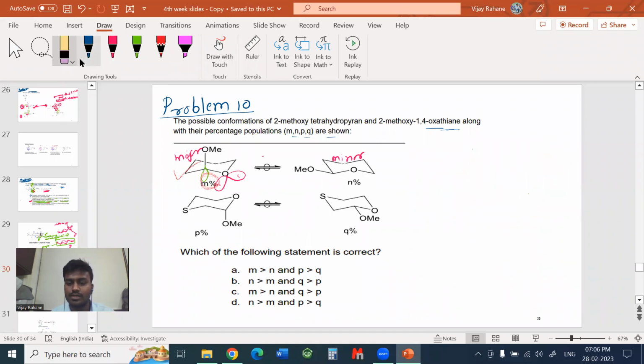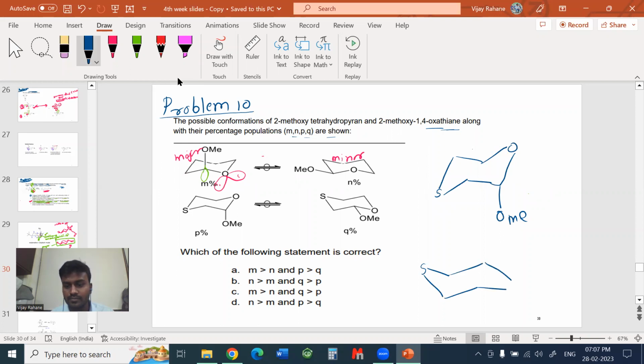I'll make some space for writing the second example. In this one, see, I have written A here and B here downward.